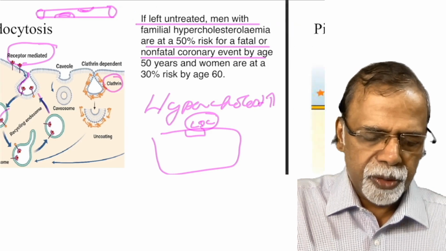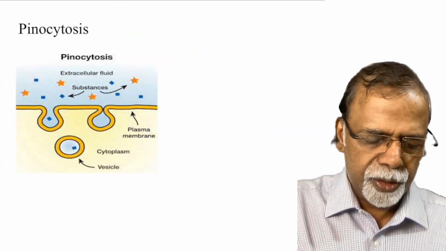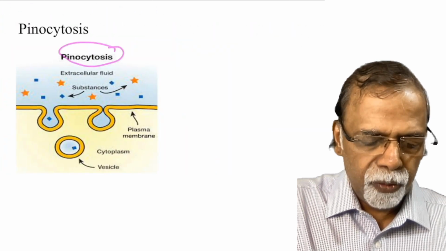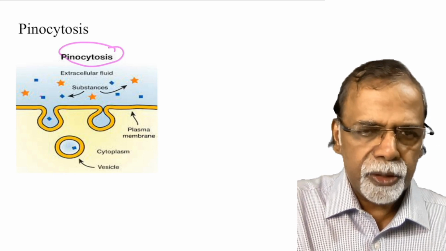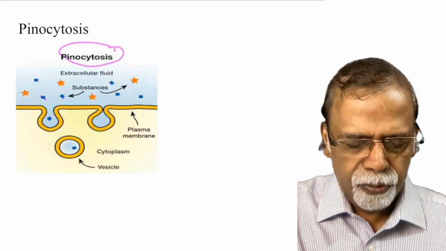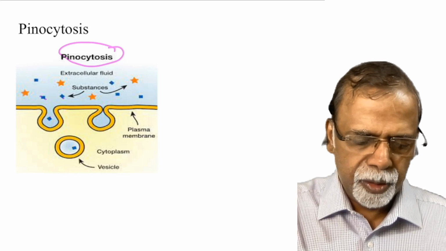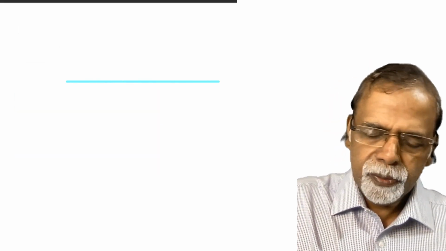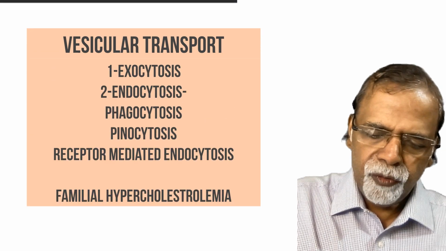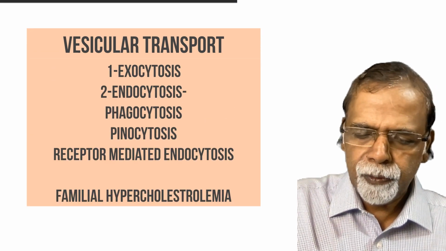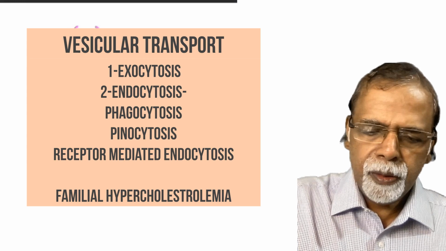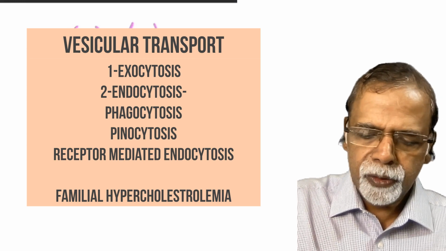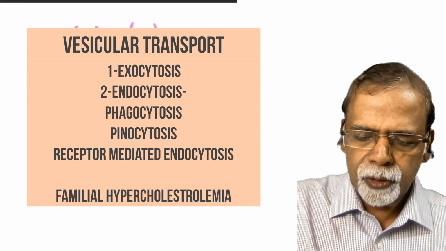So this is the pinocytosis about which we have discussed, that is drinking. Along with the fluid, some amount of material which is soluble in the fluid can also be ingested. So we have discussed vesicular transport, which is divided into endocytosis and exocytosis.